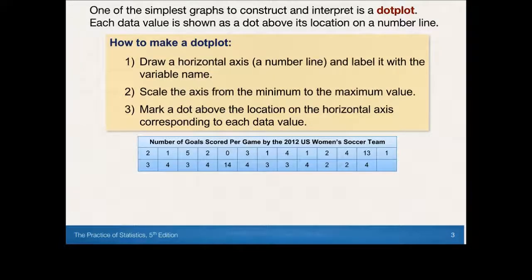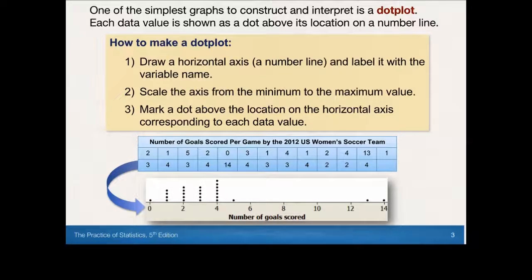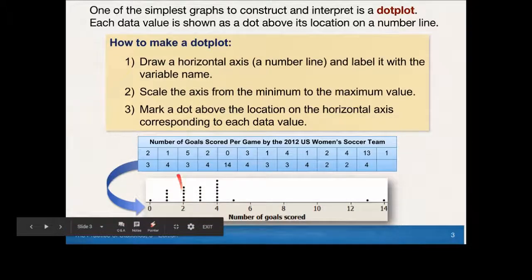If we take the data from page 25 on the goals scored during the 2012 U.S. women's soccer team, these goals are just in this data table in no particular order. So then we just take each one of these and put it right above the number on the number line.